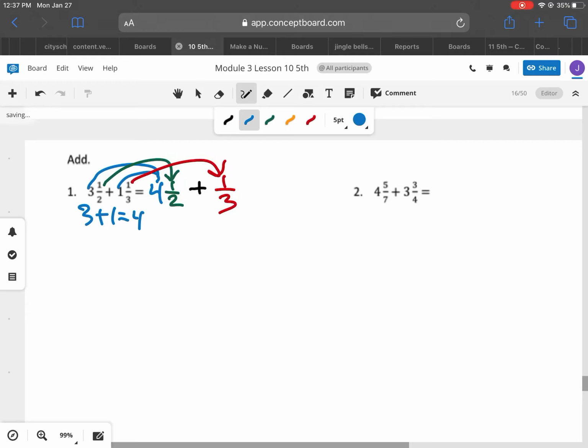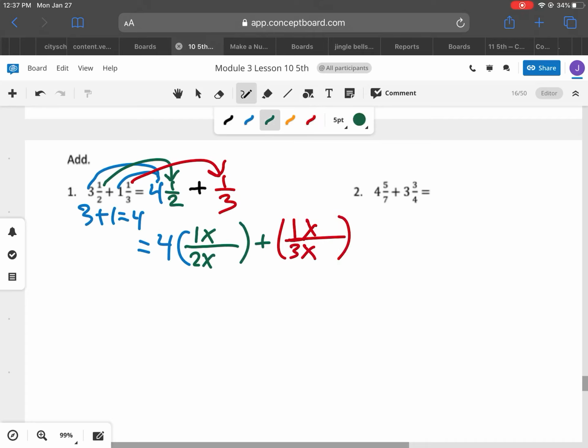All right. So now our next step is we're going to keep the 4. And we are going to find an equivalent fraction so that they have a common denominator. Now, we've just been using the butterfly effect, and basically whatever the other one is the one that we're using.